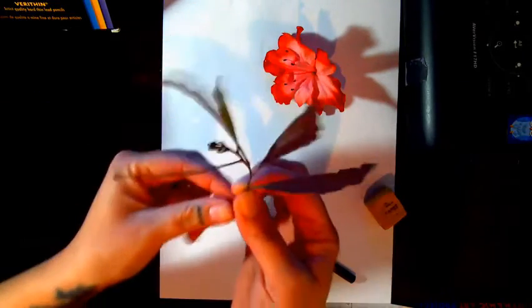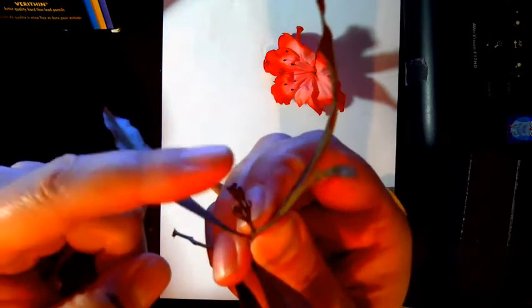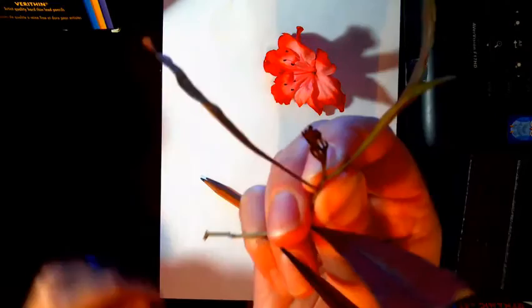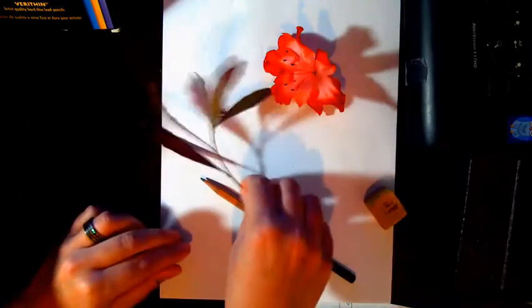This particular one has 1, 2, 3, 4, 5 leaves on it, and a little tiny piece of something right here. It's almost like little pollen pieces, like a tiny miniature branch right in the middle. It's kind of long and skinny.